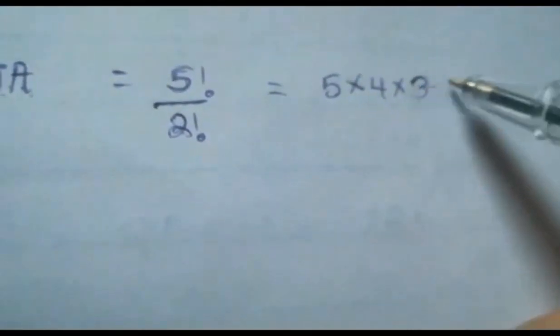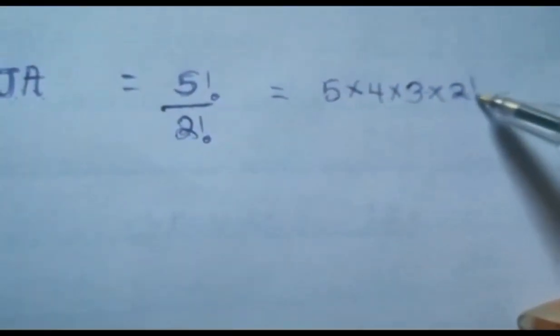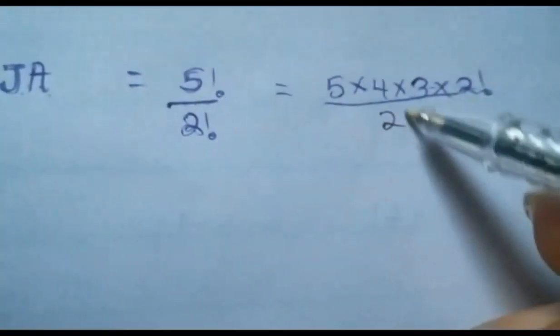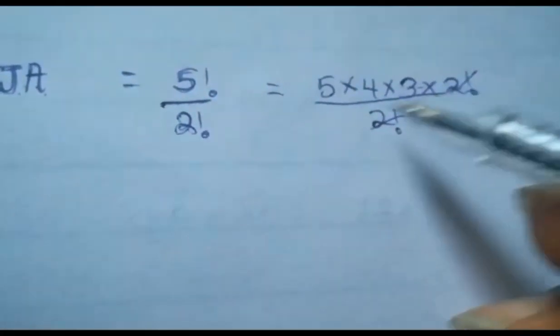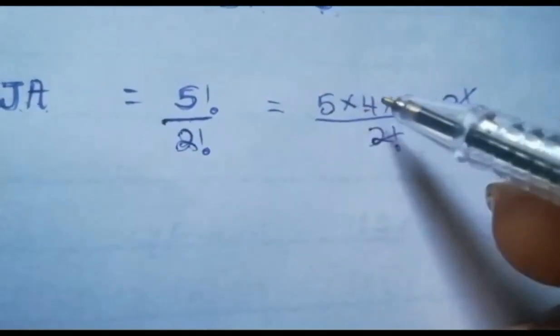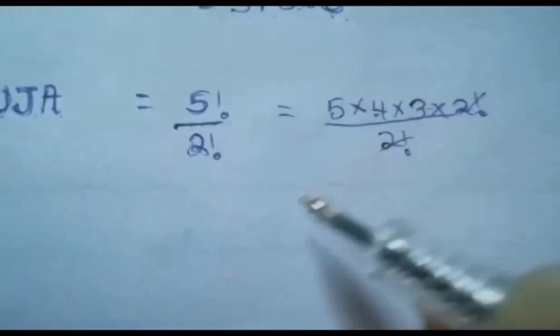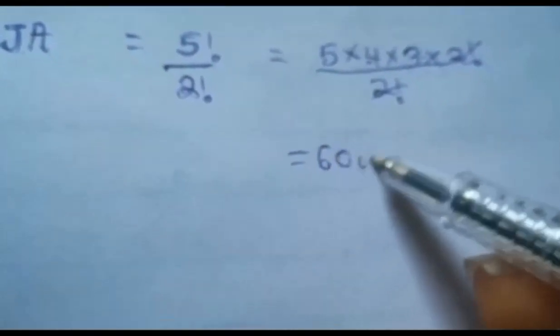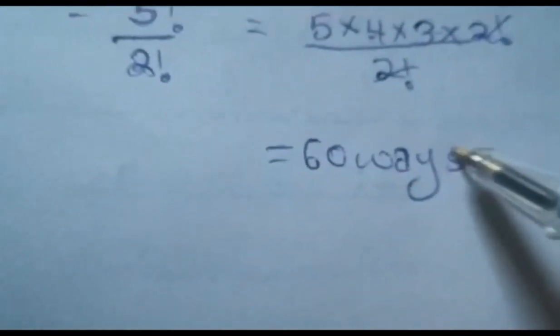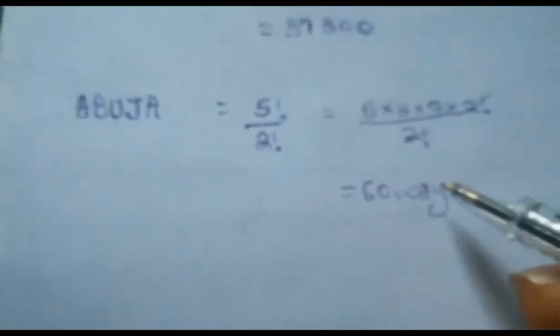So we have 5 times 4 times 3 times 2 factorial, all divided by 2 factorial. We can cancel out 2 factorial. 5 times 4 is 20, 20 times 3 is 60. So we have 60 ways of arranging the word Abuja.